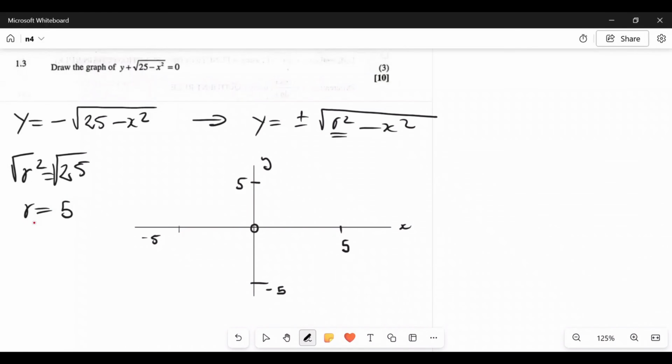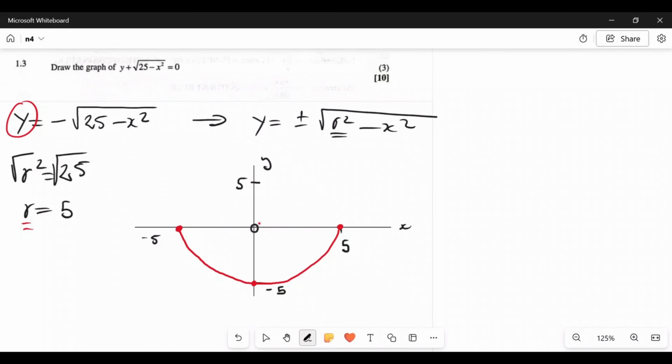So we managed to find our radius. Now let's create the points. Remember, we said our graph is going to cut the y-axis on the negative side. It means that this point here is going to be a point for us, and this one is also going to be a point, and that one is going to be a point. We said this is a semicircle, but a lower semicircle. So let's connect the dots.